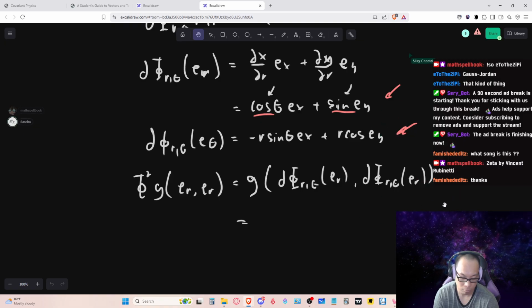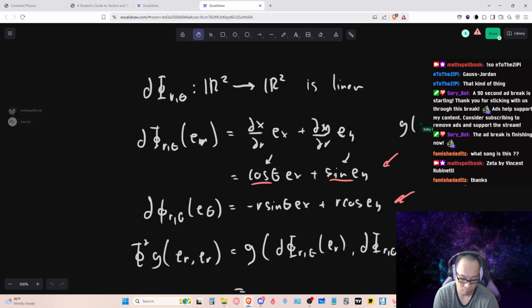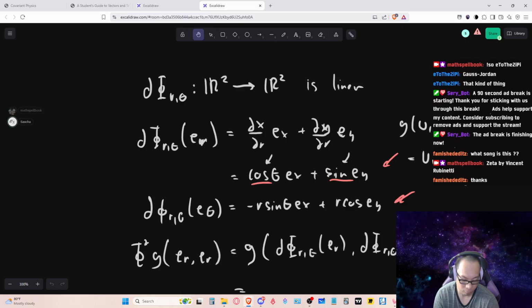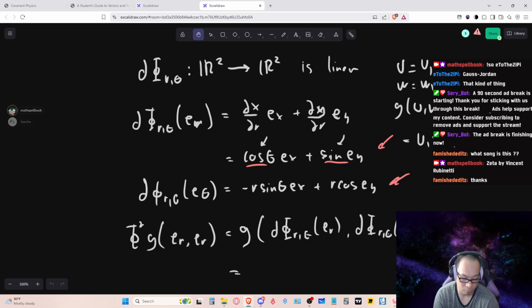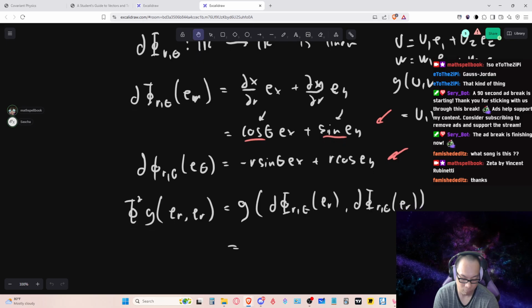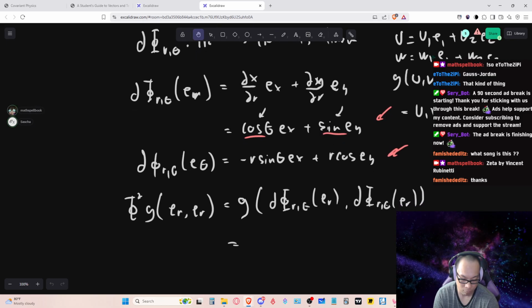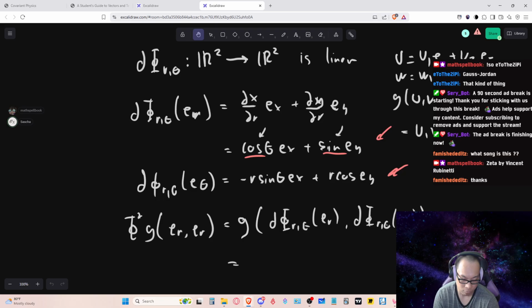Maybe I can go back to the definition of the usual metric. I think I wrote something like that. The usual metric is U1 times W1 plus U2 times W2, where U is U1 times E1 plus U2 times E2, and W is the same thing for W1 and E1 and so on. So we just express U and W in the standard basis.